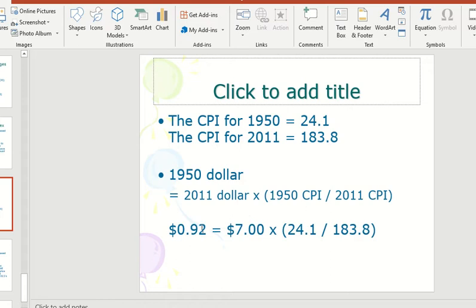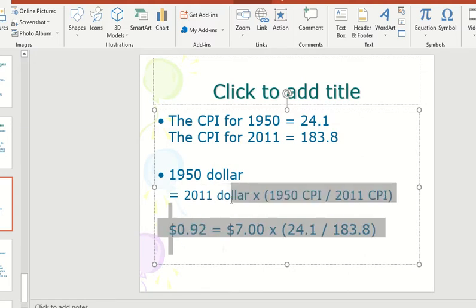So what we have here is 92 cents. What that means is if a person wanted to buy in 1950 the same amount of goods and services that could be bought with $7 in 2011, then this person would have needed only 92 cents.